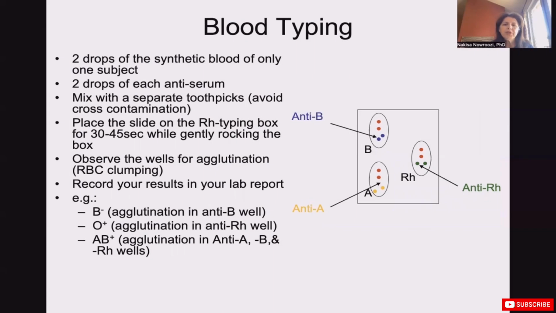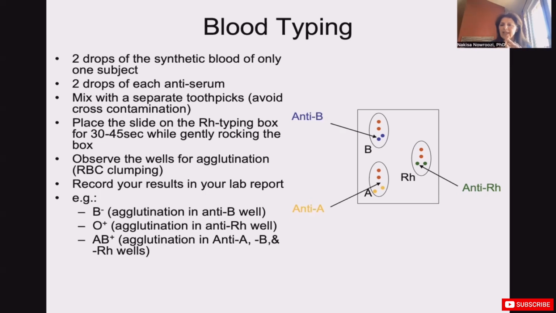In the lab, we do blood typing using blood typing slides that have these cavities, these depressions in them. You put 2 drops of your blood in question, and we use synthetic blood in the lab. And then we use antiserum against the antigens that cover the surface of the red blood cells.